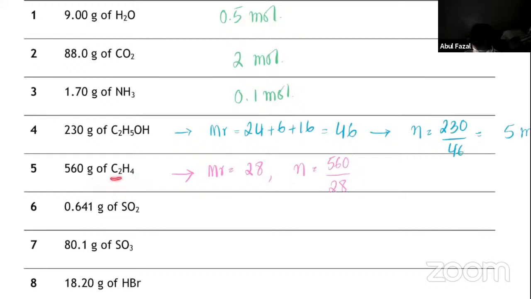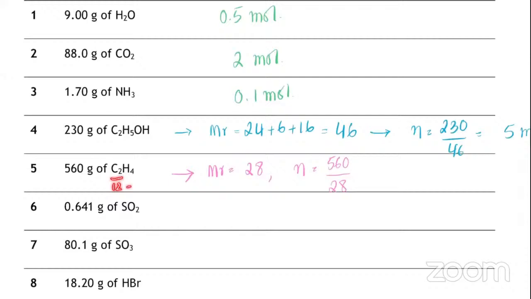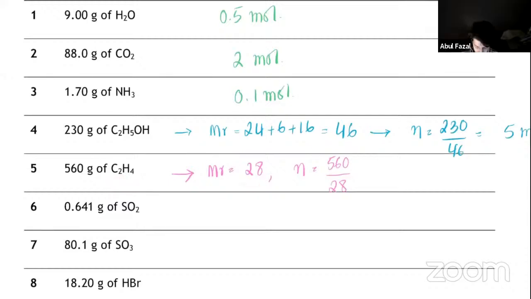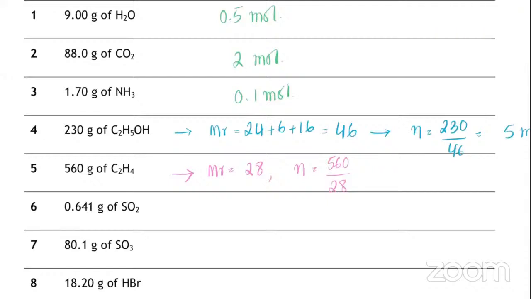There are 2 carbons. It's 28, yeah. So that's probably going to be 20 or something? What is this? 560 divided by 20. It is 20. Yeah, sir, it's 20.